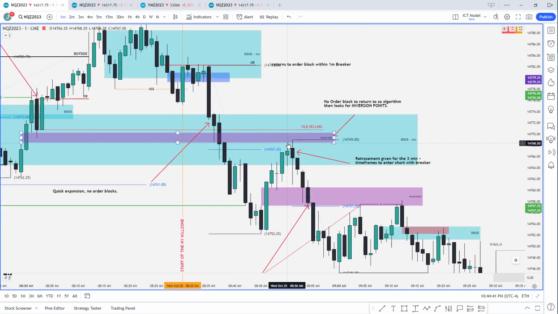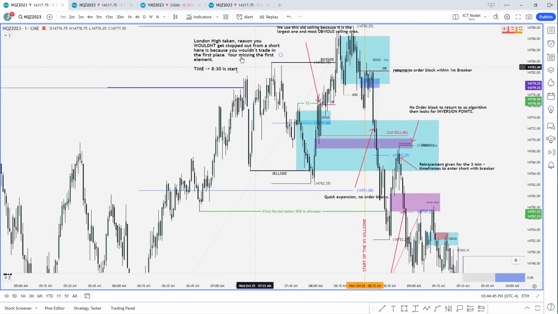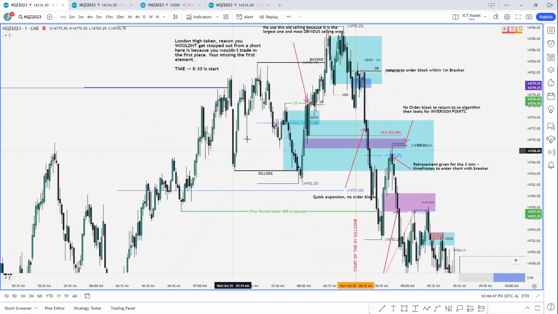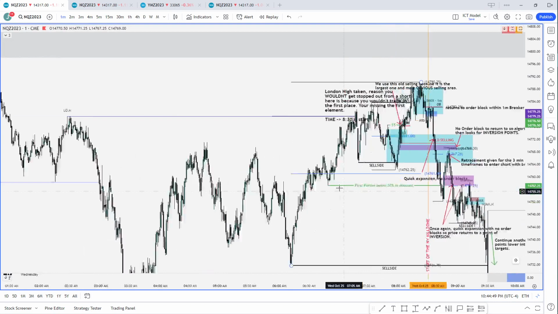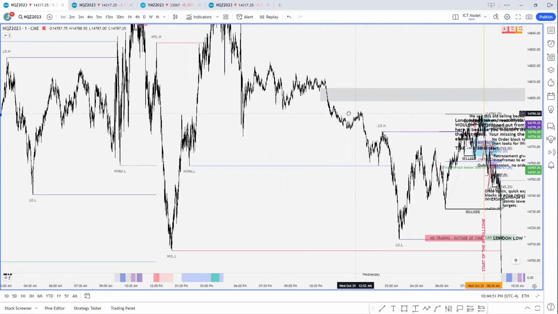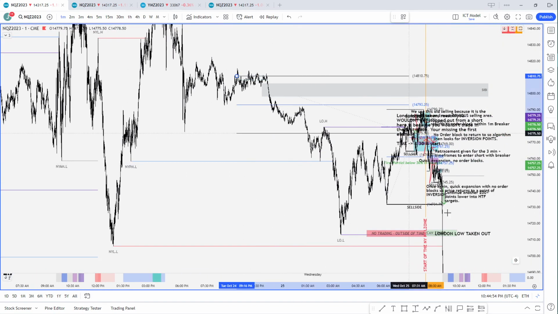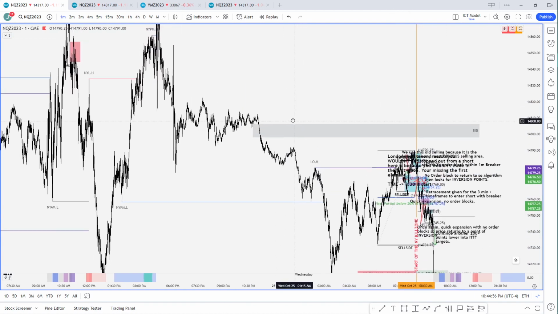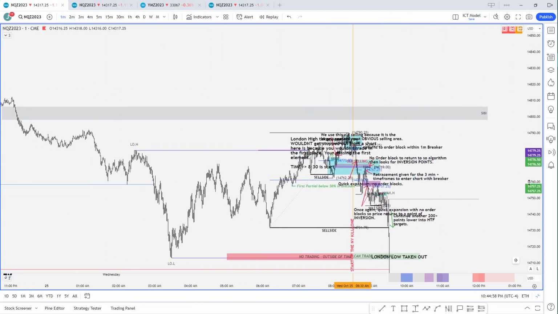Here you get two sweeps. One tap into 50%, another tap. Here you get two sweeps. Tap into the London high. Another tap there. Oh, and it's a parent daily range. That's so good.